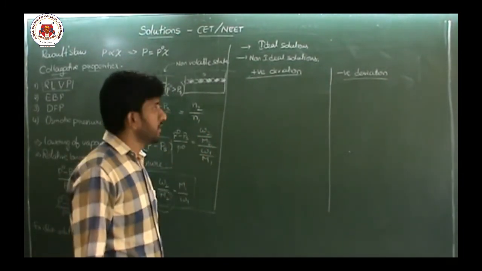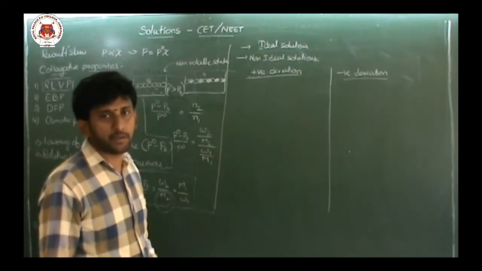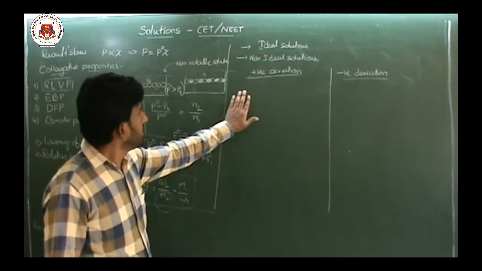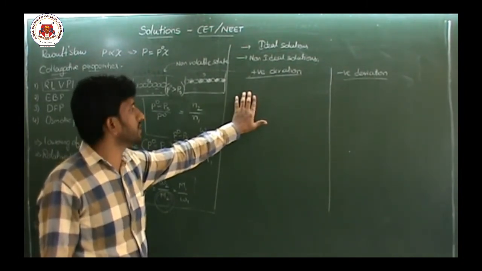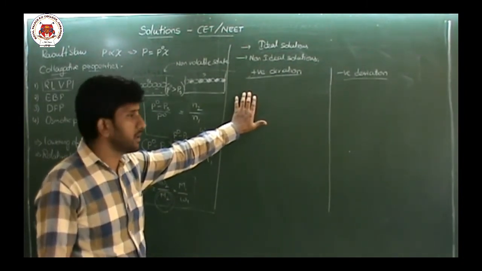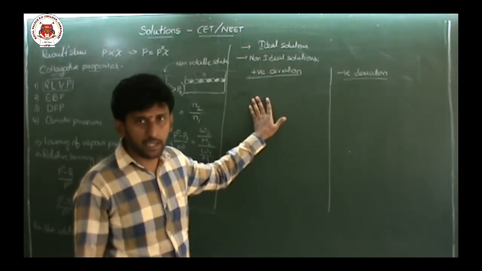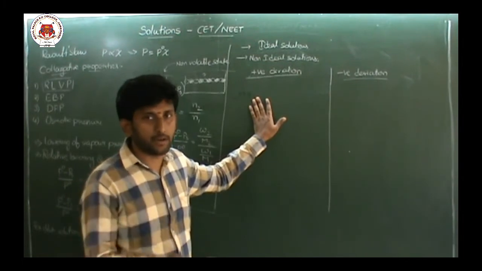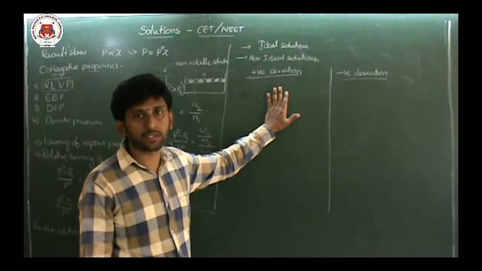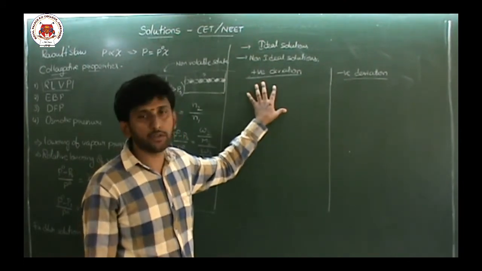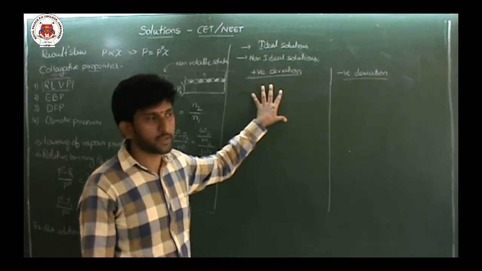Now, non-ideal solutions with positive deviation and negative deviation we will study comparatively. But basically, what is meant by positive deviation is, if the pressure exerted by the solution is greater than the expected pressure according to Raoult's law, then such a solution is called a non-ideal solution with positive deviation.